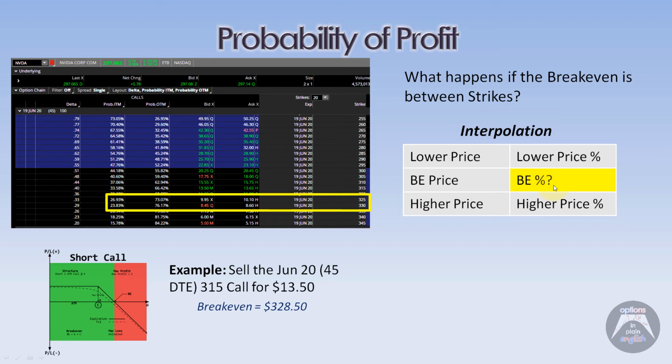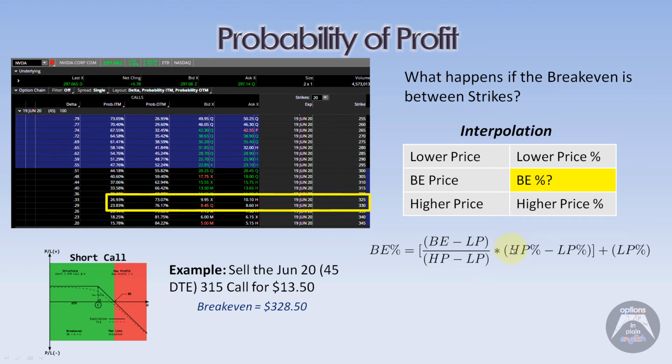So this is just a matter of applying a formula, which is very simple. It basically is the break-even price minus the lower price, divided by the higher price minus the lower price to get the whole range, multiplied, so you get which portion of that range is going to be applied to the percentage.